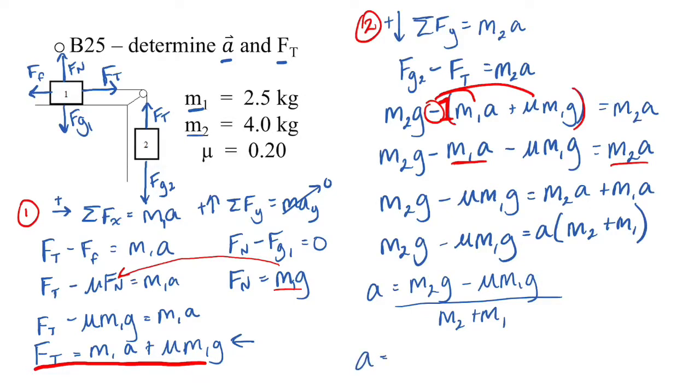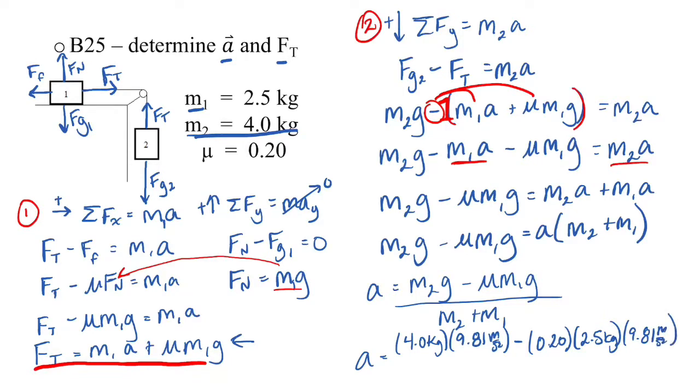So mass of 2 was 4 kilograms, times 9.81 meters per second squared. And from that I'm going to subtract mu, which was 0.20, times m1, which is 2.5 kilograms, times g, 9.81 meters per second squared.